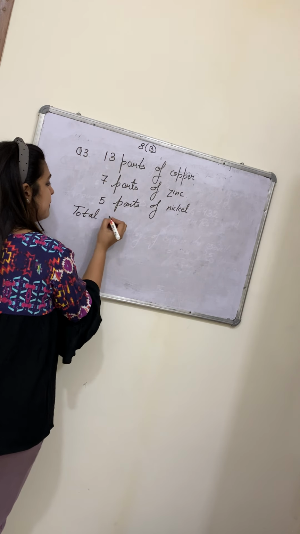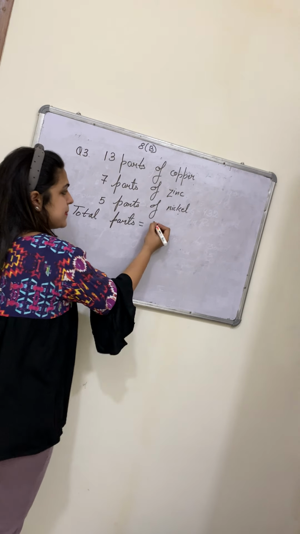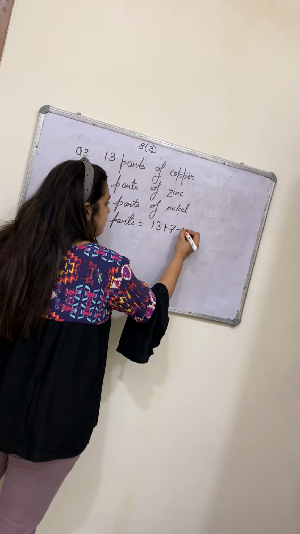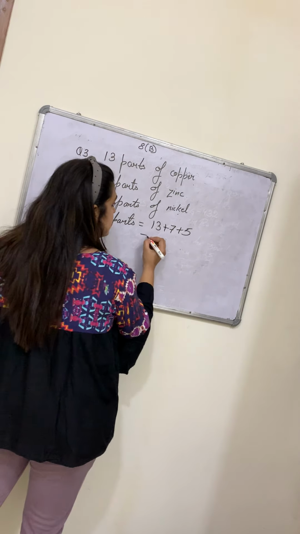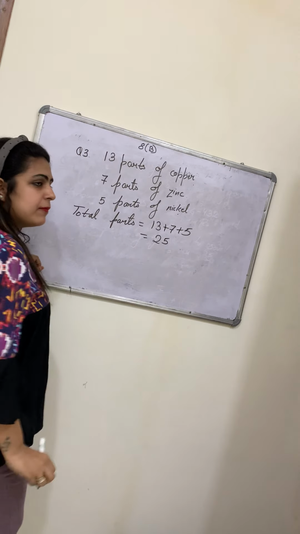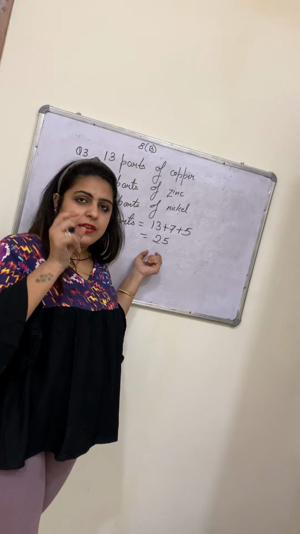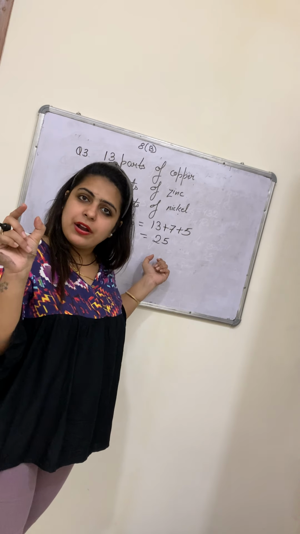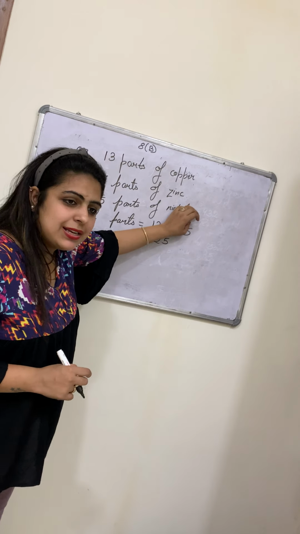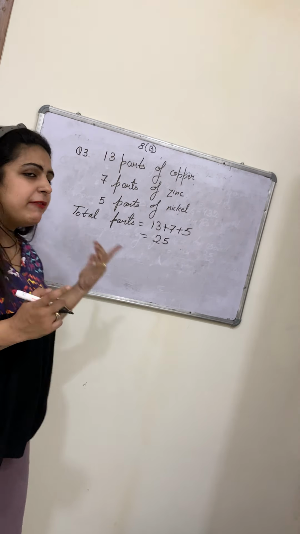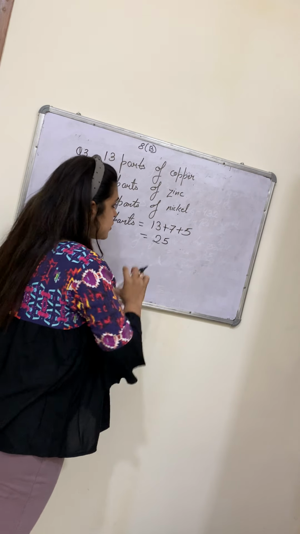Your total parts will be adding these: 13 plus 7 plus 5, that is 25. Right? For percentage what we need is the amount upon total into 100. We have their quantities, but we don't have the total, so first we calculate the total, that is 25.